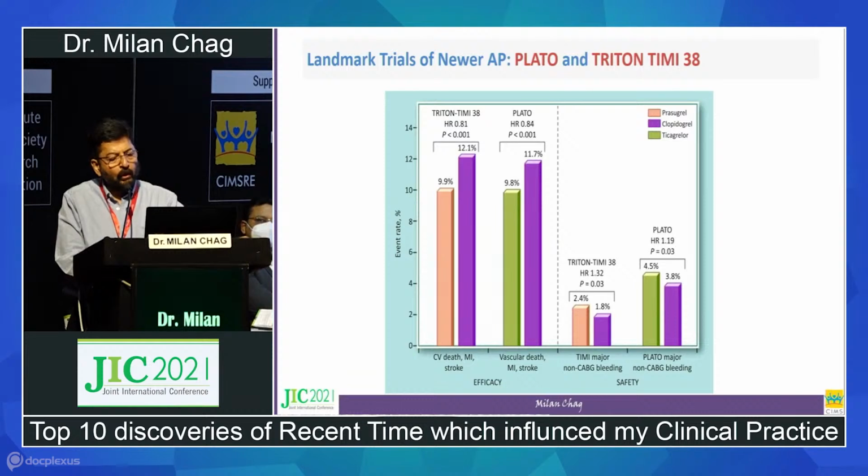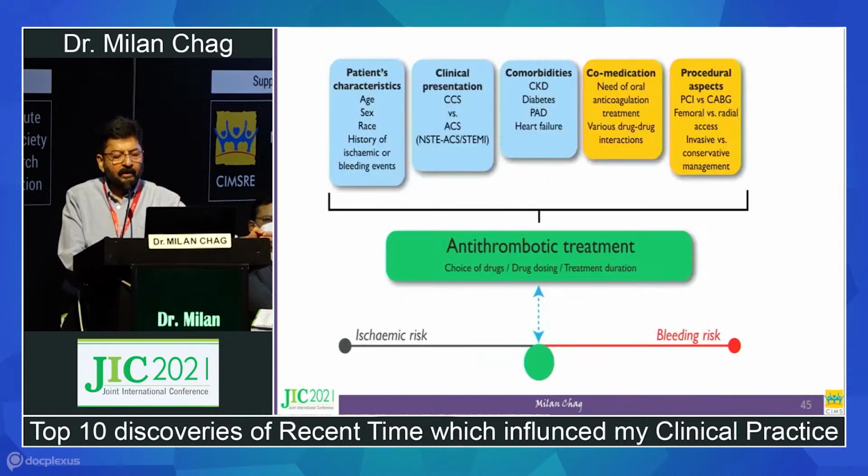And then 2 new molecules. New antiplatelets like ticagrelor in the PLATO trial and prasugrel in the TRITON-TIMI 38 trial showed nearly 20% reduction in cardiovascular death, MI and stroke compared to clopidogrel. So these 2 newer molecules are significantly better. There is no question of resistance as with clopidogrel, and as expected, there was some increased bleeding risk for both.